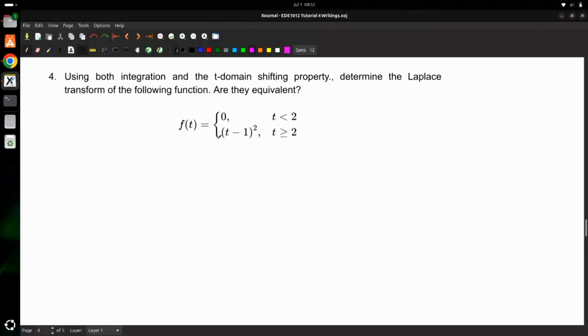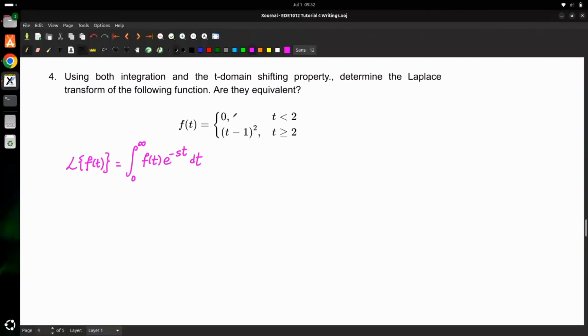Yeah, so the story here is, if you Laplace transform f of t using integration, then you just integrate this f of t function times e to the minus st dt, from 0 to infinity. But you got 0 here, what? Correct or not? So 0 from t equals 0 to t equals 2.